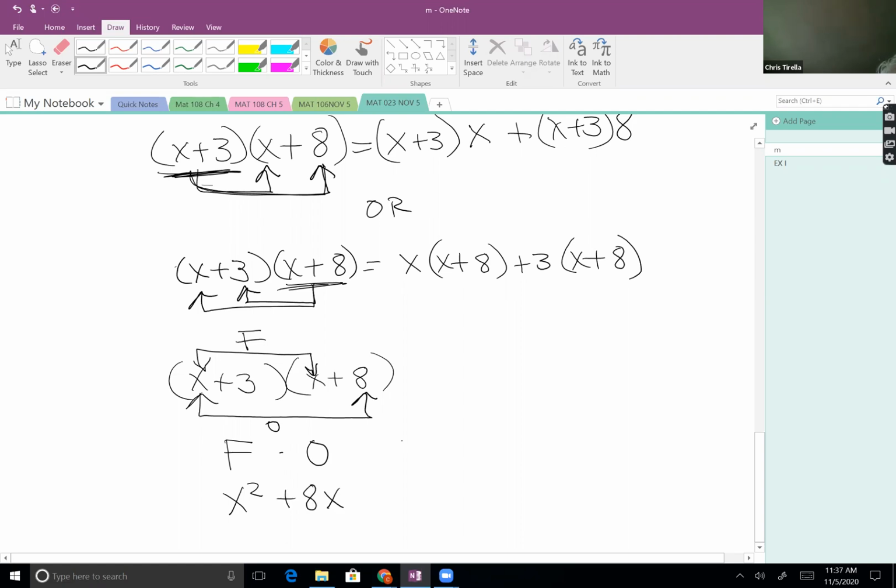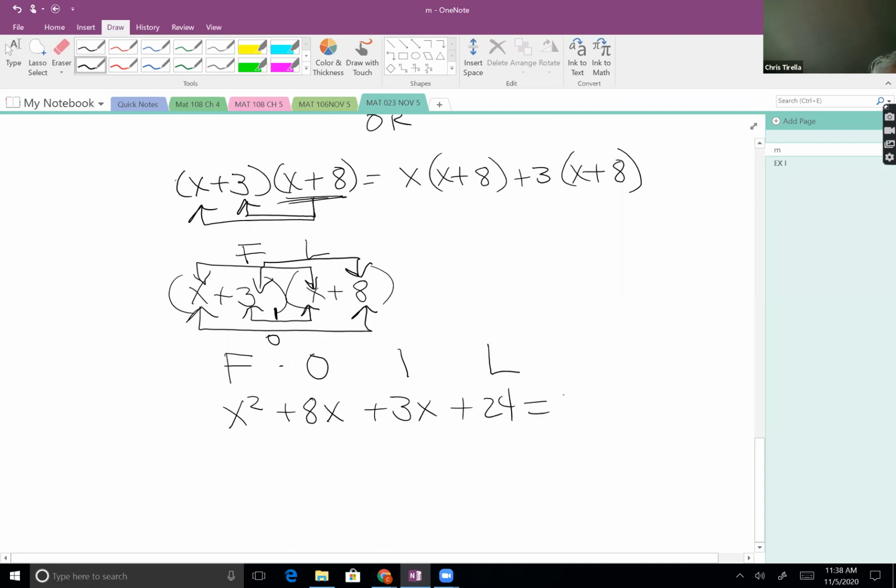I would be the inner two, the ones on the inside. Middle two, that's my 3x. And L would be the last one from each binomial, which is my 24. And all of them will take you to the x squared plus 11x plus 24. And it's just a matter of which is your preference in terms of whether you distribute twice or you FOIL. All right?